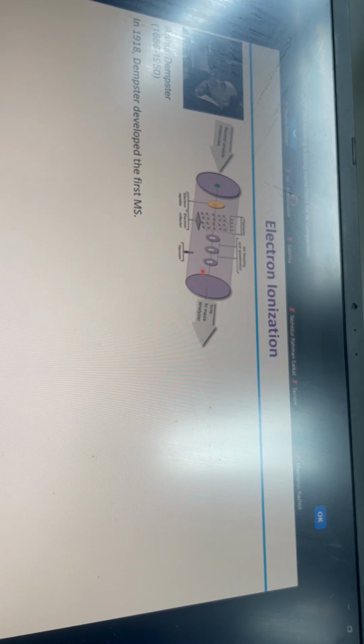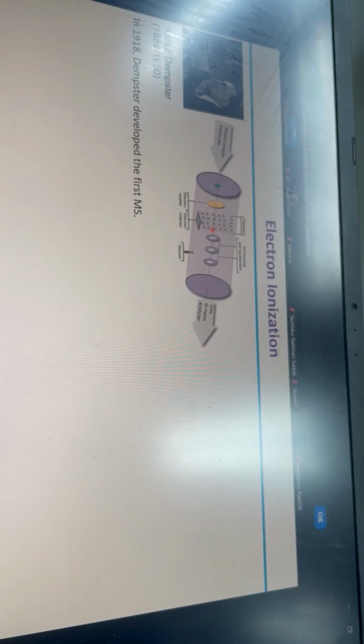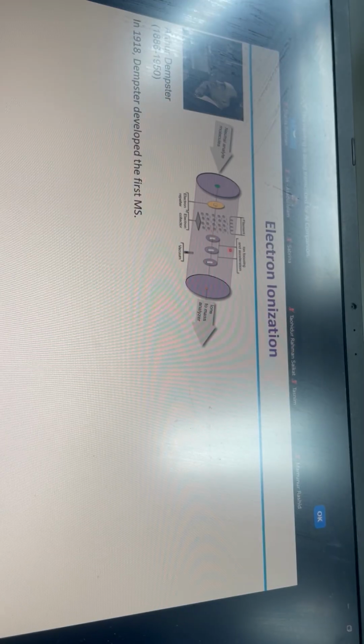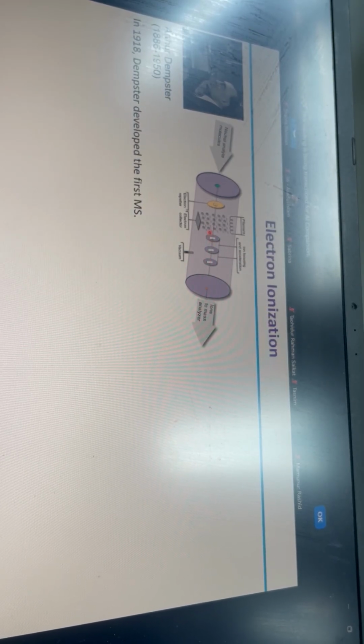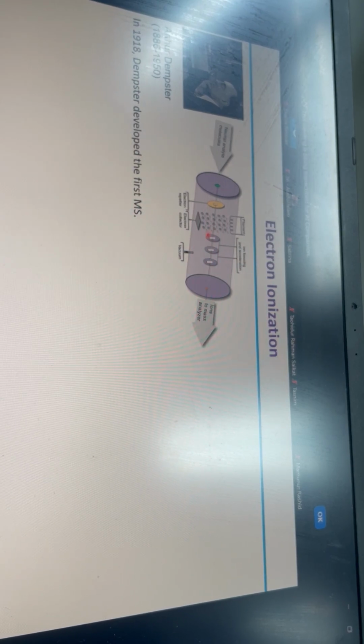And then he generated his radical cation, because an electron was pushed from the analyte, so it created a radical cation. And then he also created an electrode where, as he was generating cations, positively charged analyte, he applied negative voltage to this electrode so that the ions can move.